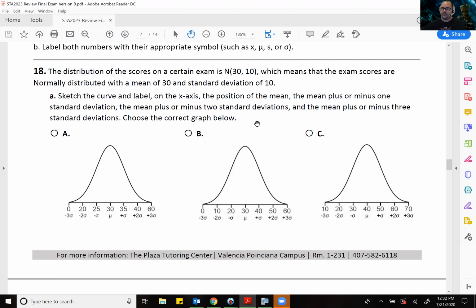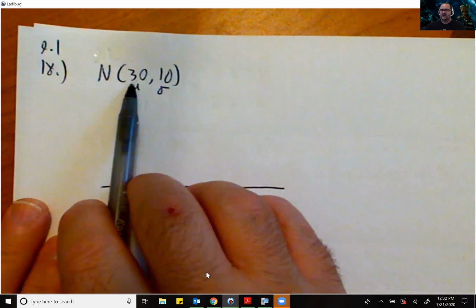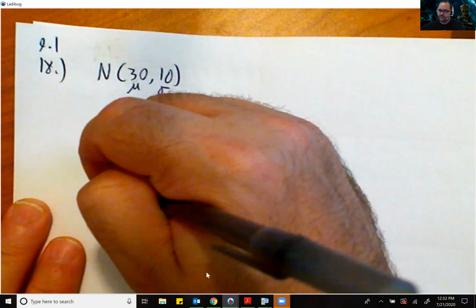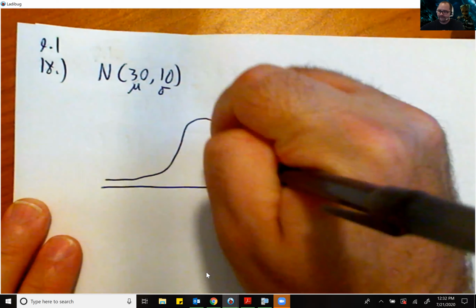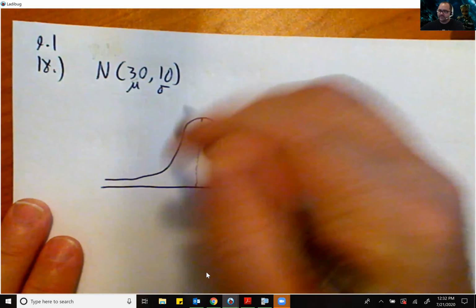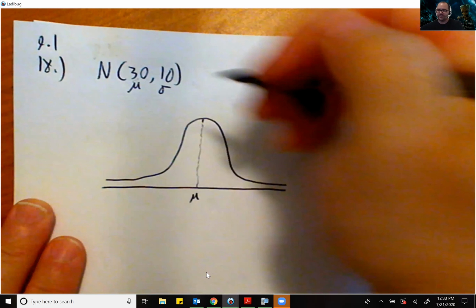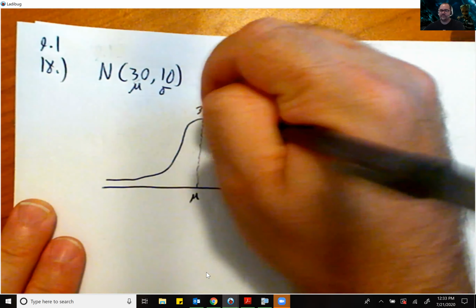Remember that the mean goes in the middle. So this is your mu, this is your standard deviation. Right here in the middle is mu, and I always put my numbers on top. So right here is 30.